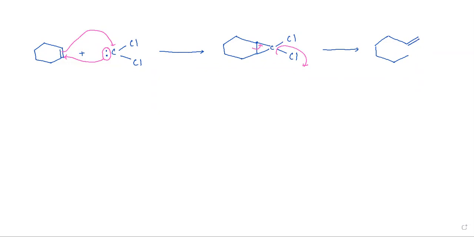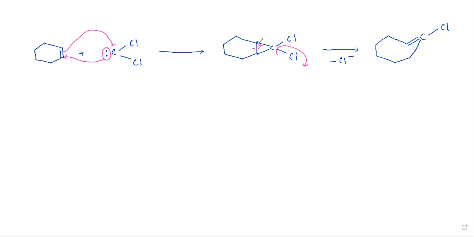Okay, then the carbon which has still got a chlorine, Cl minus is anyway lost, and now this carbon is still holding the bond with carbon. Okay, now it is clear.